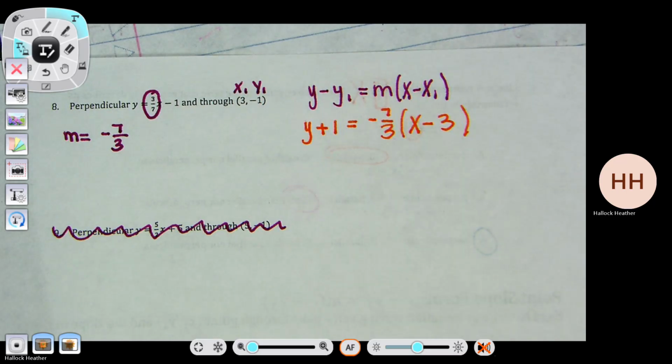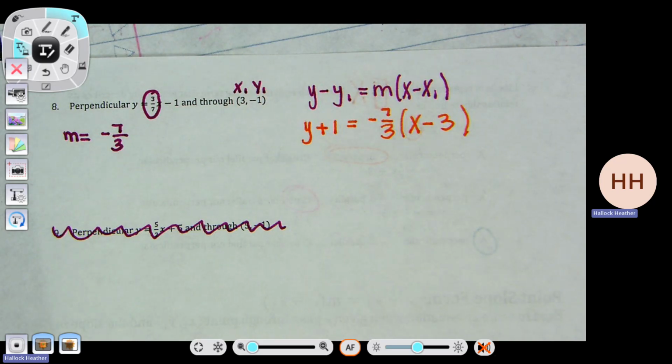Use your fraction button, distribute. And make your 7/3 negative. You forgot to make your 7/3 negative.